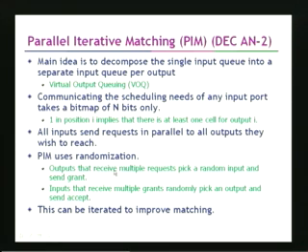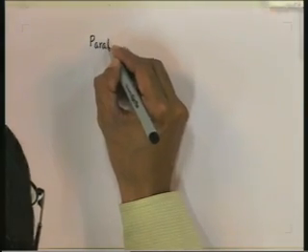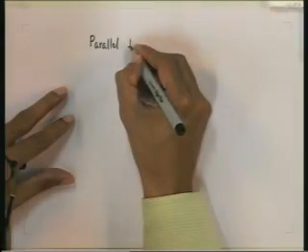The outputs that receive multiple requests will pick a random input and send a grant, and inputs that receive multiple grants will randomly pick an output and send accepts. This can be iterated to improve the matching, because we need to achieve a maximal match. So, let me give you an example of a parallel iterative match.